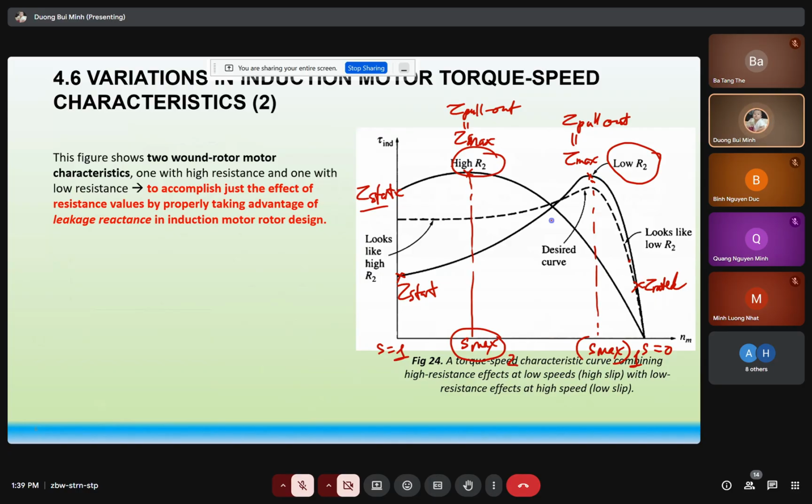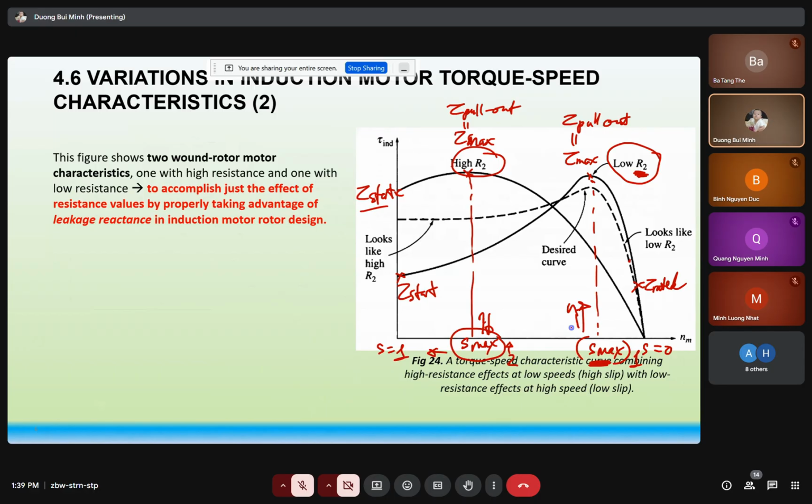So if we have lower resistance, we have lower S_max, and that means higher efficiency. Now, if R2 is higher, you get higher S_max, because S is approaching 1. Higher S_max means lower efficiency.